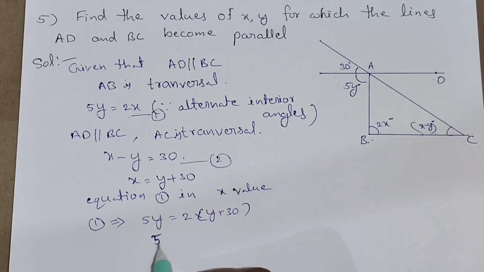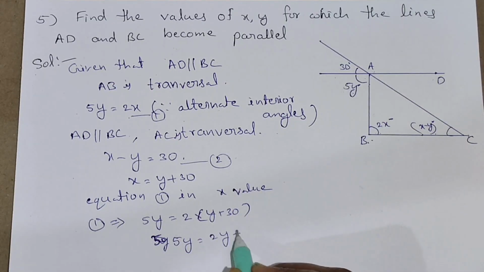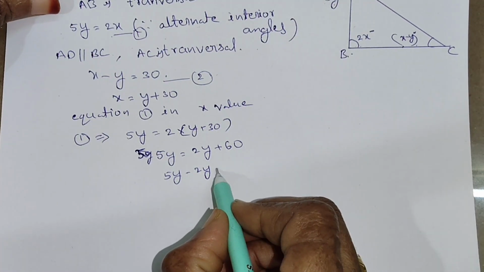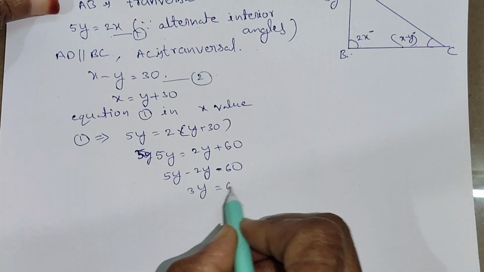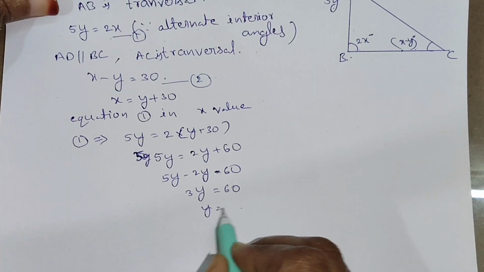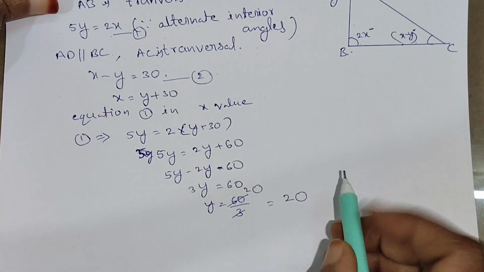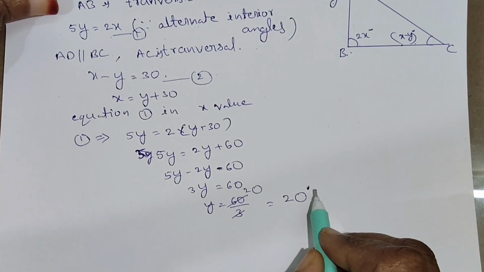So 5y equal to 2y plus 60. 5y minus 2y is equal to 60. 3y is equal to 60. y equal to 60 by 3, which is 20. Y is equal to 20 degrees.